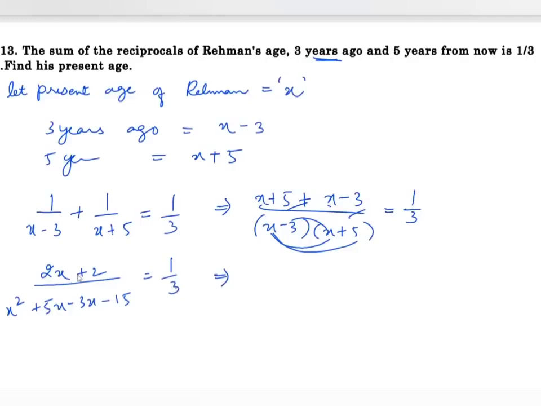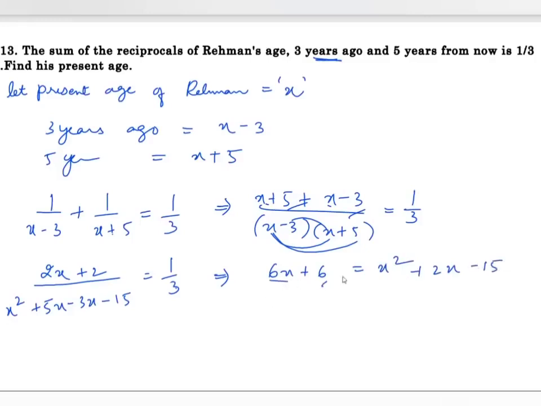Now cross multiply. 3 into 2x is 6x, plus 3 twos are 6, equals x square into 1 is x square, plus 5x minus 3x is 2x, minus 15 into 1 is 15.